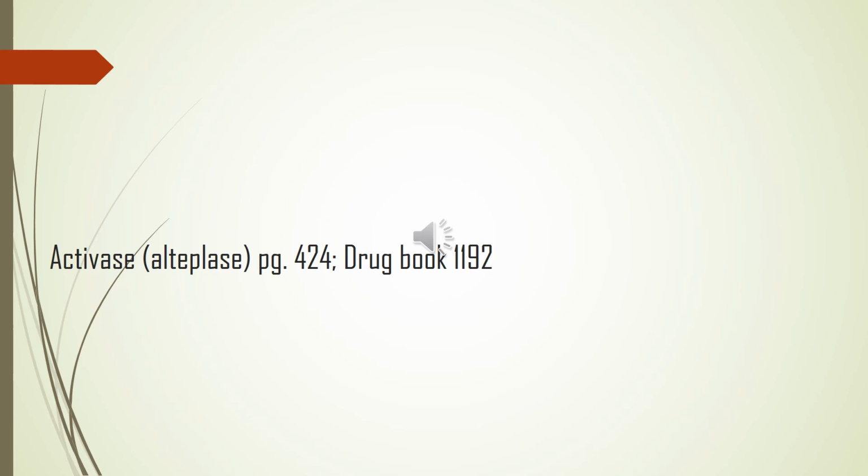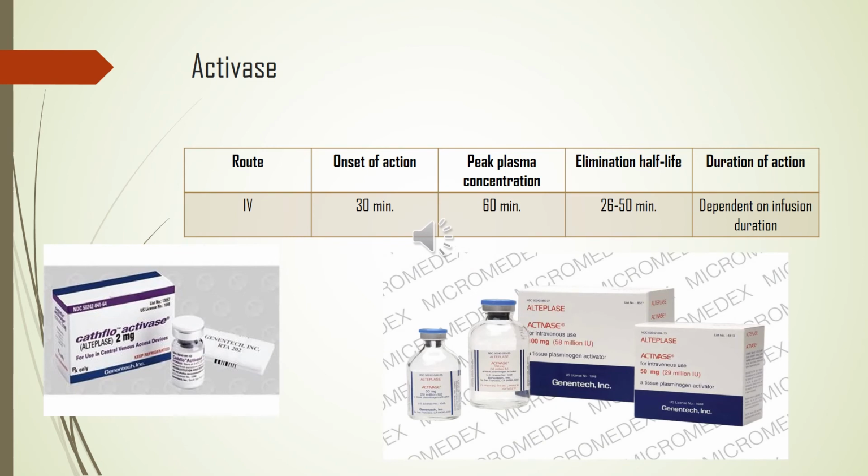Okay, Activase or alteplase, page 424. It can be found in your drug book at 1192. There are two different forms of this medication. You can see in the picture there is Cathflo Activase. The Cathflo is what you're going to use for your central lines, your IV catheters that you have saline locked, and you go to get it and it's plugged.